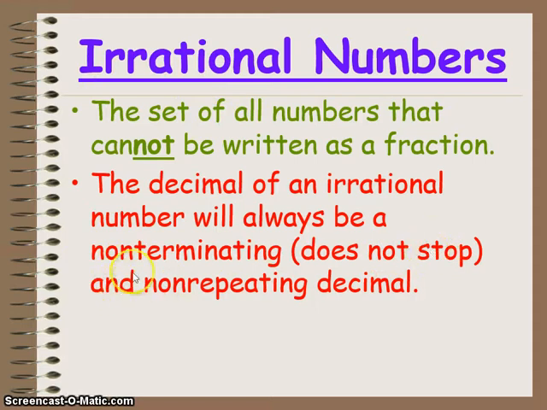And the opposite of repeating is to not repeat. So an irrational number does not stop and does not repeat. So if you typed it in your calculator screen, it would take up the whole screen and never have any sort of pattern to it.